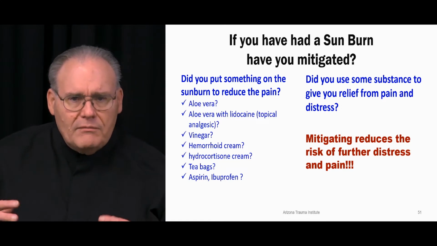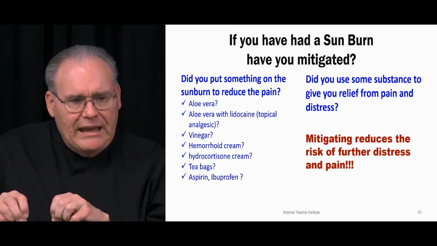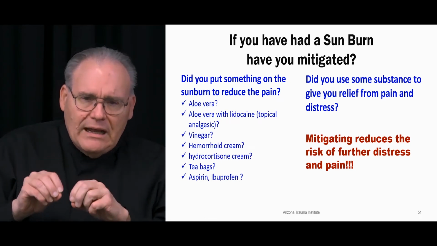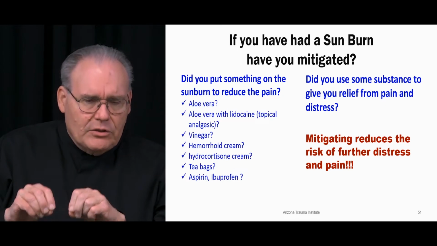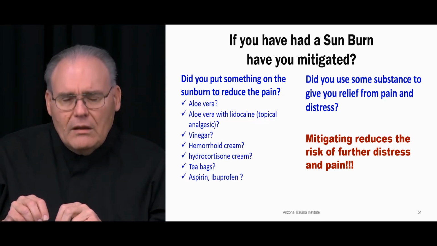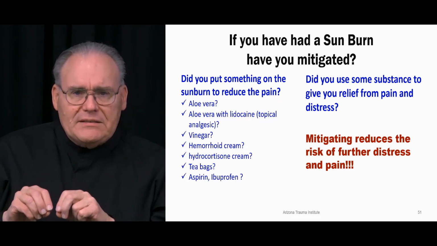And all of these things don't do anything to reduce the pain that the nerve is shooting off. What it does is it blocks your perception of the pain. And that is a mitigating process.